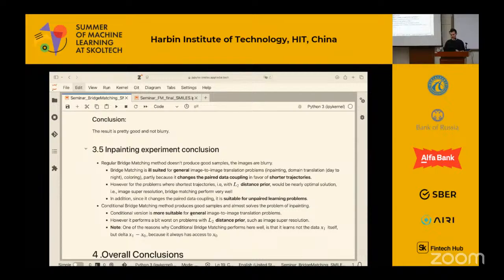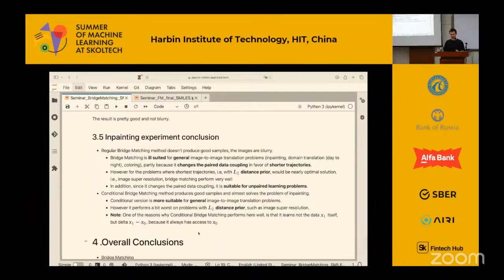But yeah, one note: one of the reasons why conditional batch matching performs better than unconditional here is because it learns the delta between the input data and the resulting data.